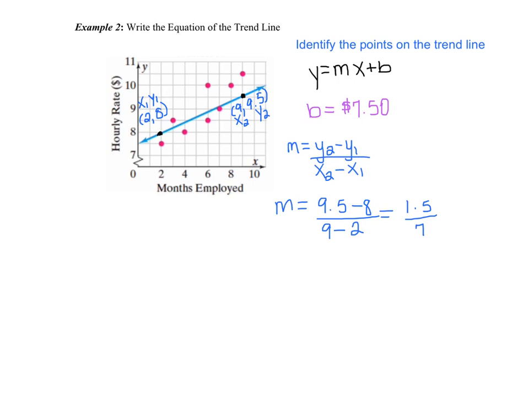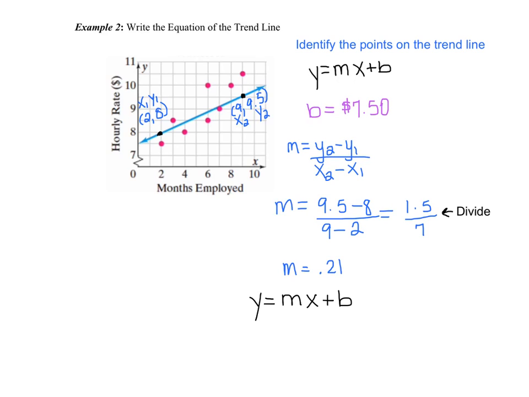Now whenever we're using a trend line or a line of best fit, you want to divide. So you want to divide 1.5 divided by 7. So your slope equals 1.5 divided by 7 gives you approximately 0.21. And lastly, you want to put it into y equals mx plus b form.